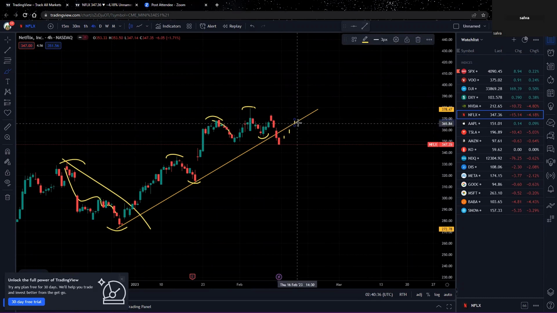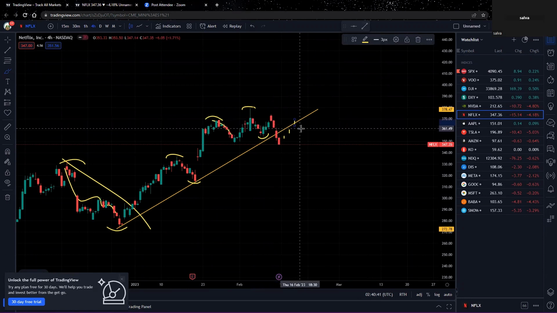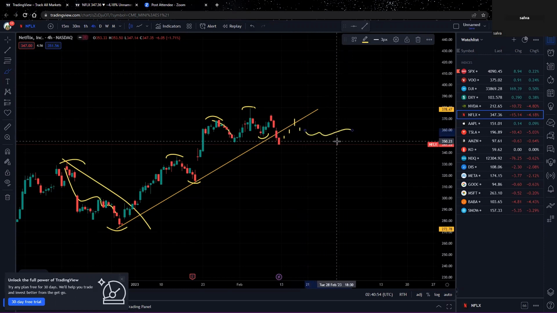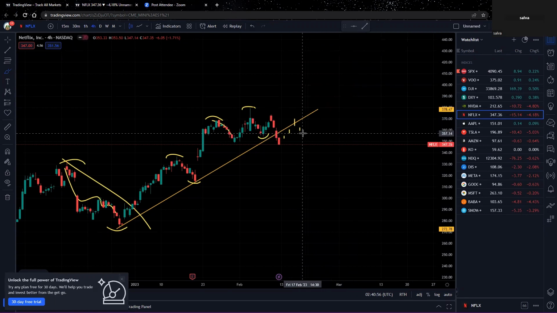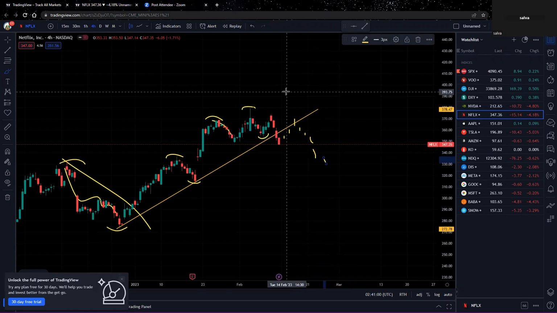Would that be a fake out if it goes past this line? No, first finish drawing. Either it's going to consolidate right here, or it starts dropping lower.